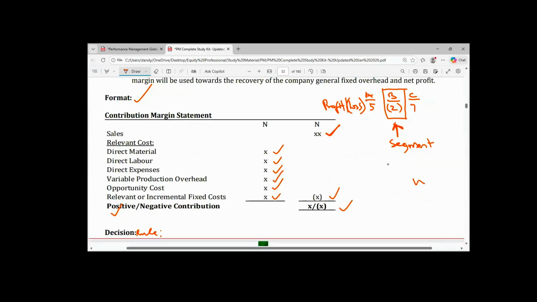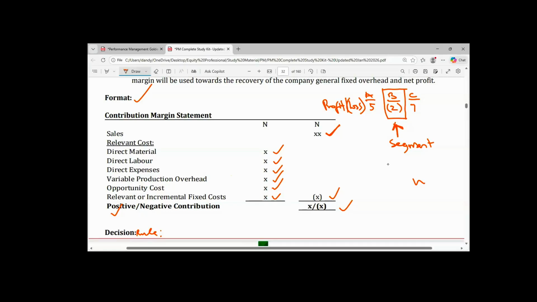concerned. Once you are given a question on the day of the exam and you are asked to advise whether the product should be discontinued, or deleted, or closed down, whichever way the examiner has described it, you should know that this relates to deleting of a segment.